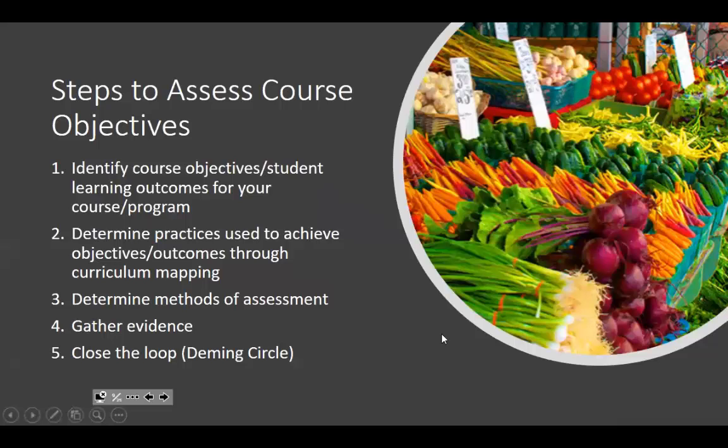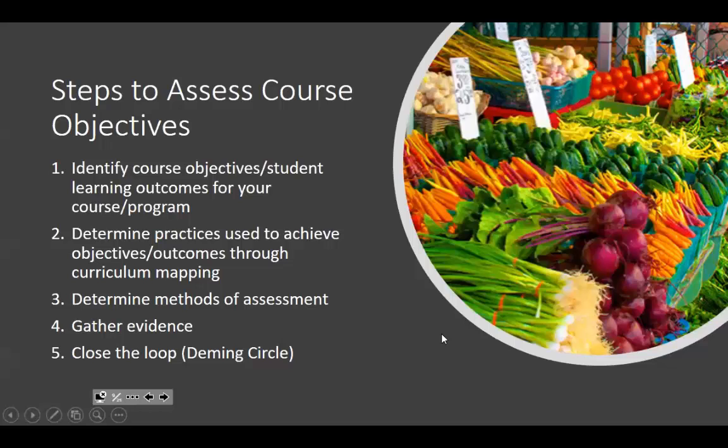This presentation is actually from the perspective of creating them all from scratch, but we already have ours, unless you couldn't get into print, then we have them here. But you identify the course objective student learning outcomes for your program or your course, determine practices used to achieve those through mapping, determine methods of assessment, gather evidence, and then close the loop, like the Deming circle.